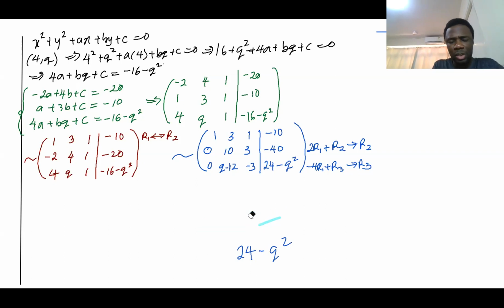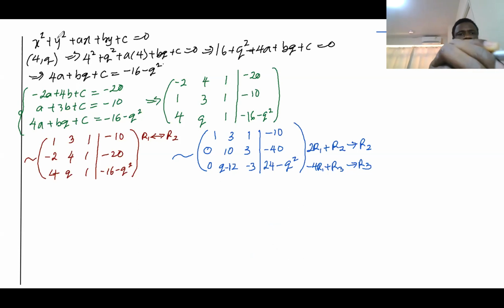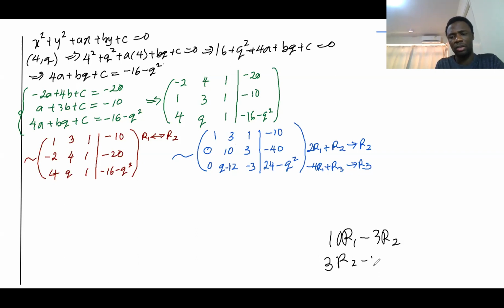Please pay attention closely and call me back when I write something wrong. All right, so let's move on. To make this 0, we have to deal with 30 because that's the LCM, right? So that will be multiplied by 3, multiplied by 10 and subtract. So basically 10R1 minus 3R2, or you could say 3R2 minus 10R1.